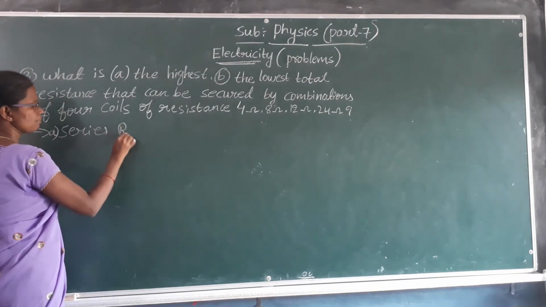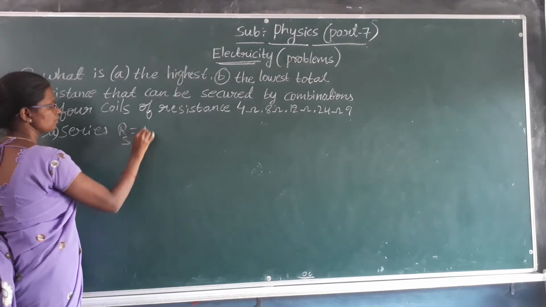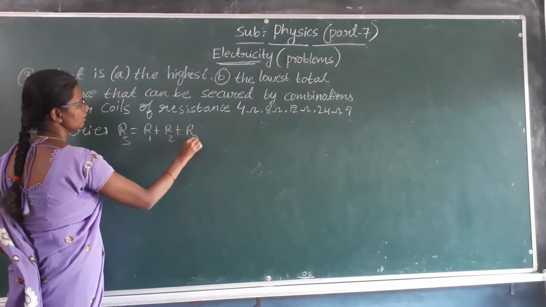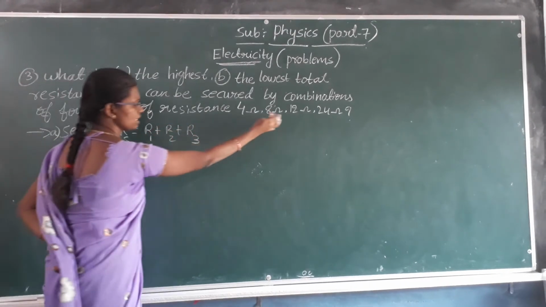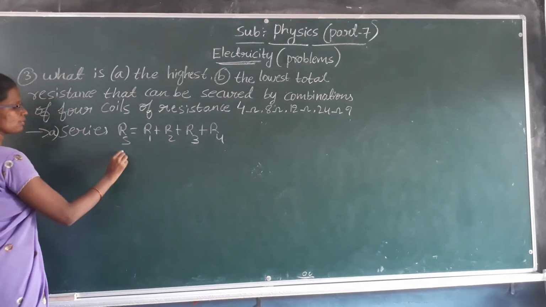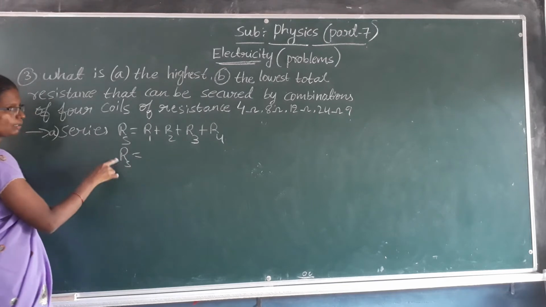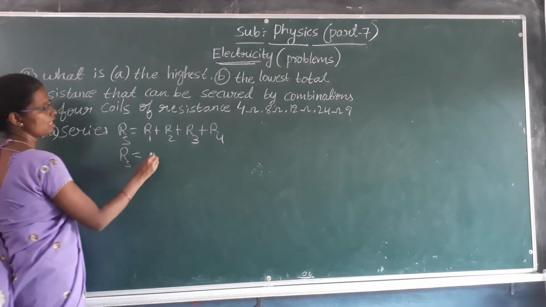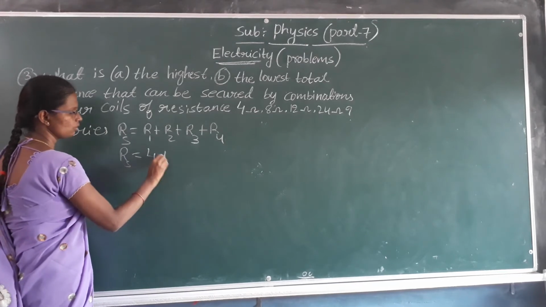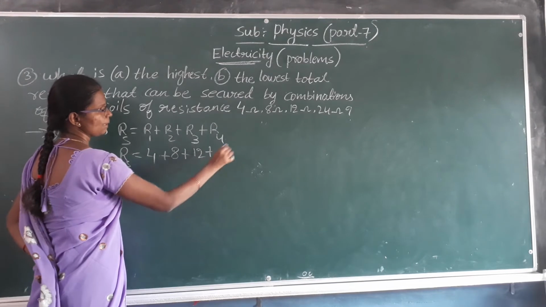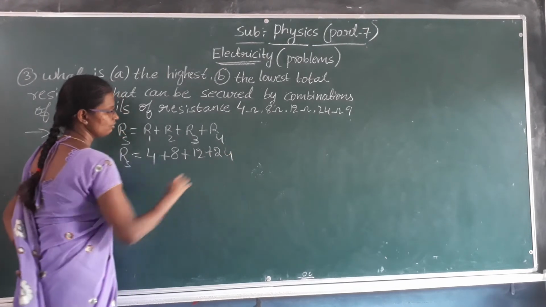So what is the formula? R is equal to R1 plus R2 plus R3. 4 resistances are there, so take down R4 also. Then substitute values. Rs, nothing but series, the resistances connected in series. R1 is 4 ohm, R2 8, plus R3 12, plus R4 24.